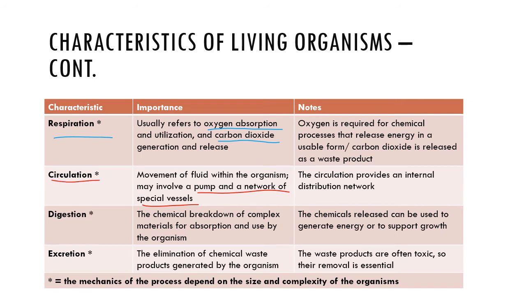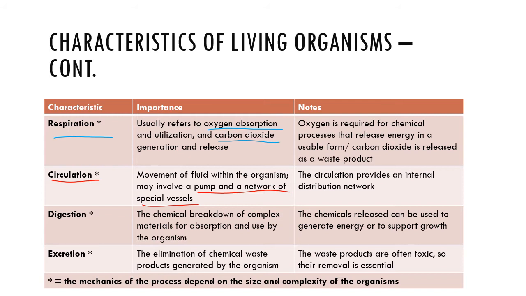With digestion, it's the chemical breakdown of complex materials for absorption and use by the organism. It's their ability to support growth or to generate energy. And then excretion is the elimination of chemical waste products generated by the organism. All of these occur with living organisms, but how it actually occurs depends on the type of organism.